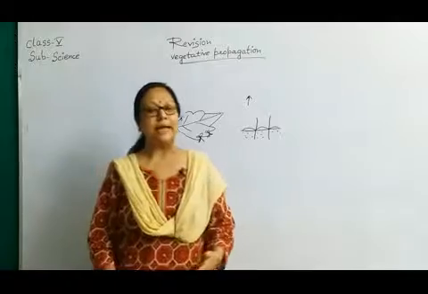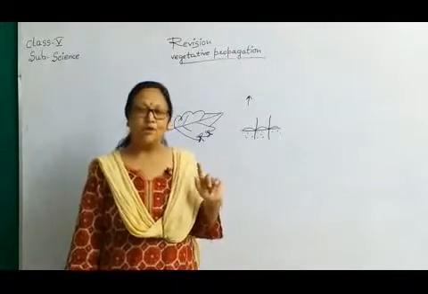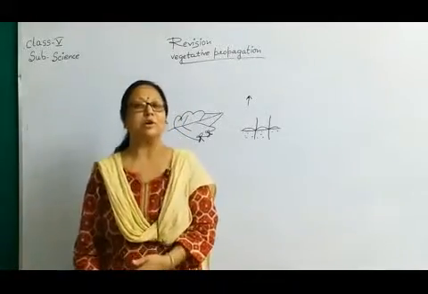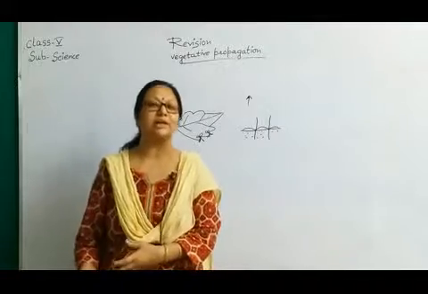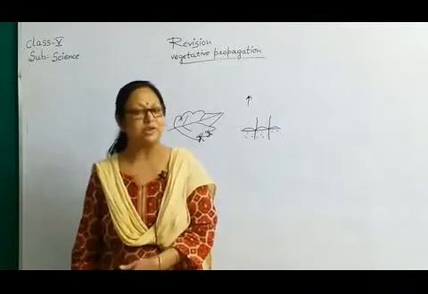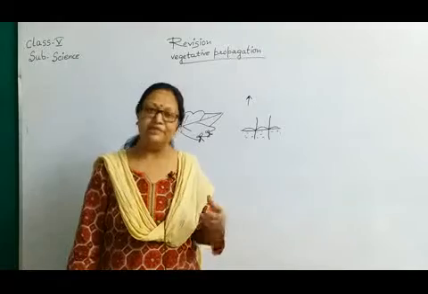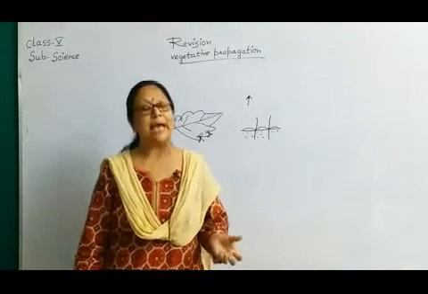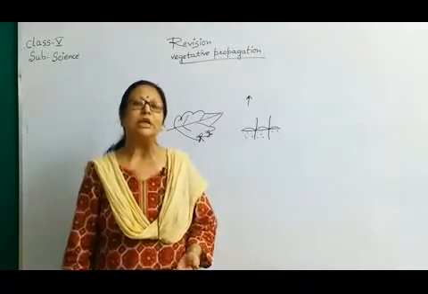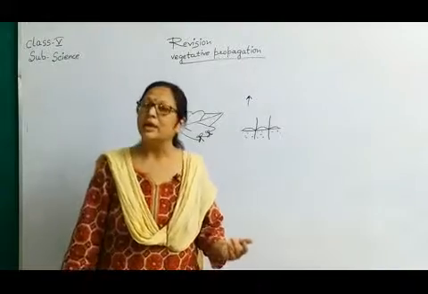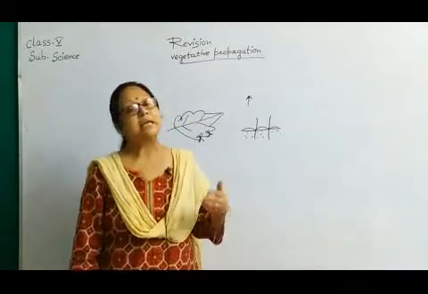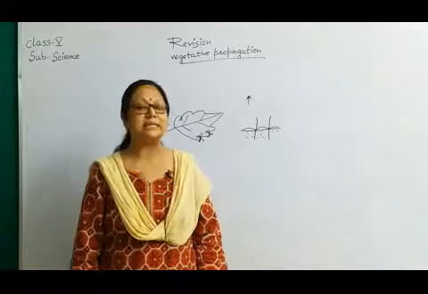We know there are two types of plants. One kind of plant gives flowers, in which you can see the flowers. But another kind of plant is not capable of growing flowers. They give seeds directly, and maybe these seeds are naked.